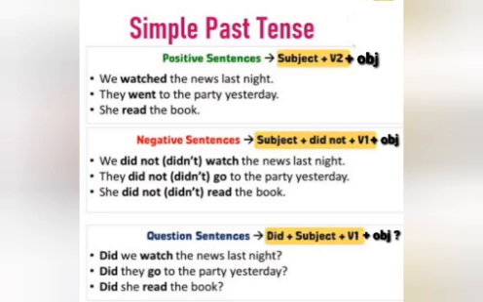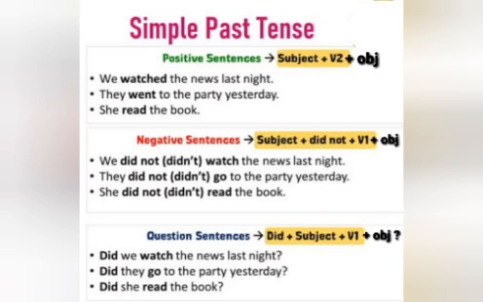Like for example, we watched the news last night. So here in this sentence, we is the subject, watched is the second form of the verb, the news is the object, and last night is defining the specific point, that is past.